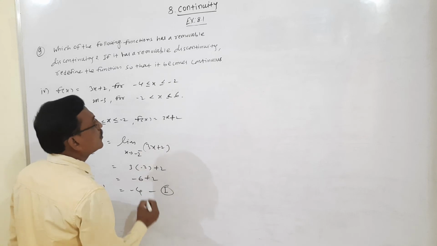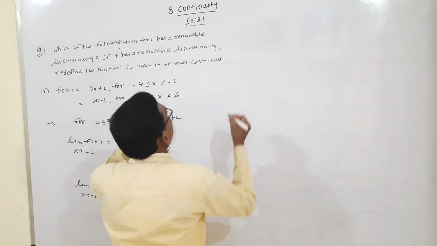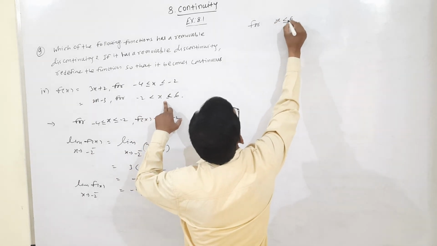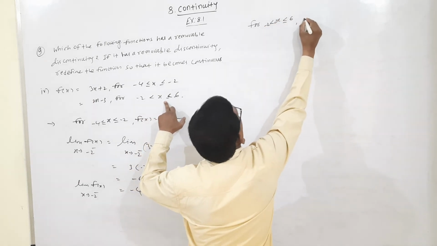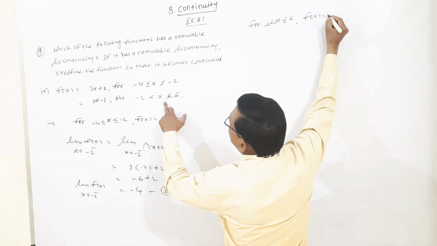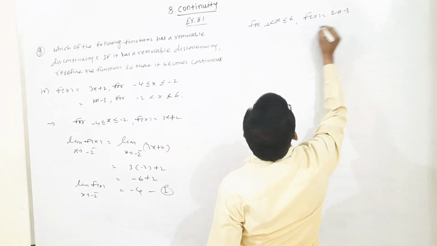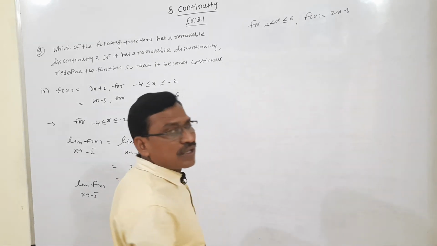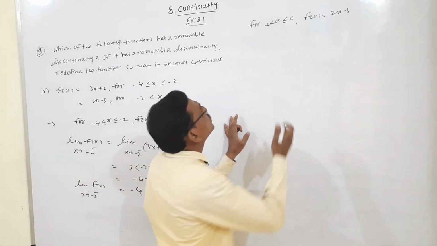Call this equation first. Now we take the second interval. For x less than or equal to 6 and greater than minus 2, the function is 2x minus 3. Since x is greater than minus 2, we apply the right hand limit to this function.